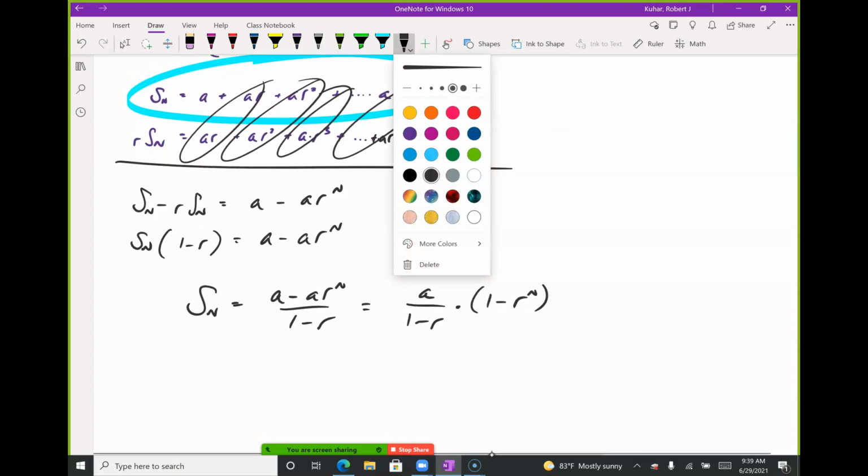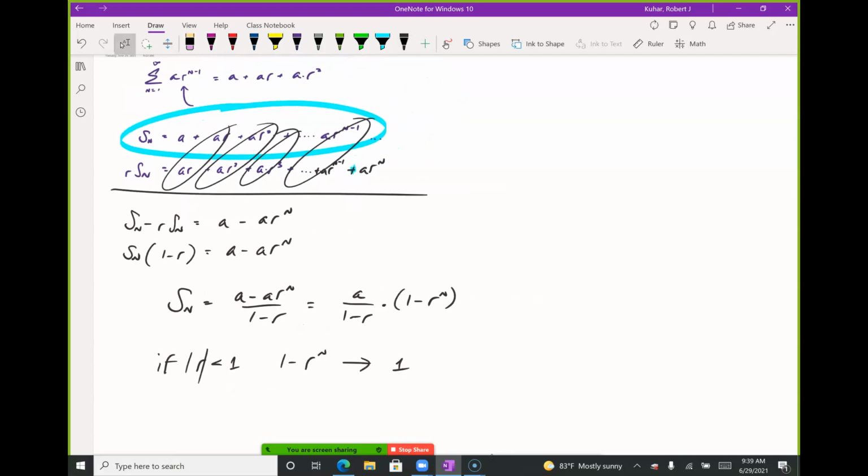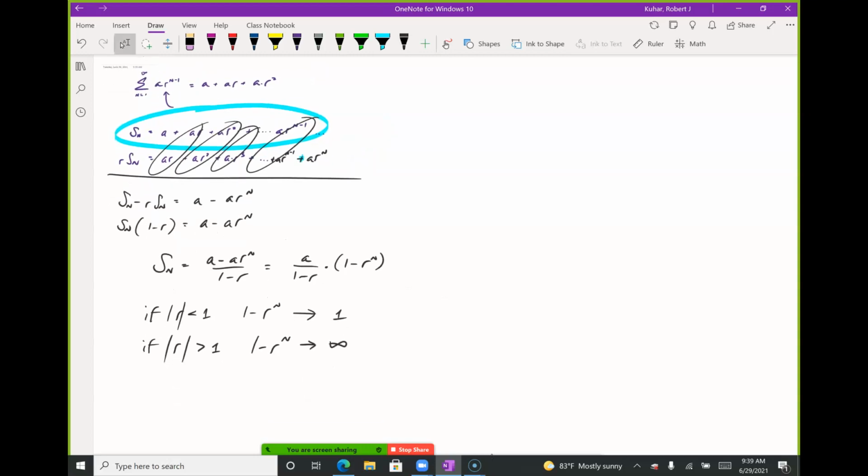And it's pretty obvious that if the absolute value of r is less than 1, r to the n is going to go to 0, so 1 minus r to the n goes to 1. And if the absolute value of r is greater than 1, r to the n is going to go to infinity, so 1 minus r to the n goes to infinity. So obviously I want the blue version. I want this to go to 1, and now look at what's left. So that sum is a over 1 minus r, which is what we had before.